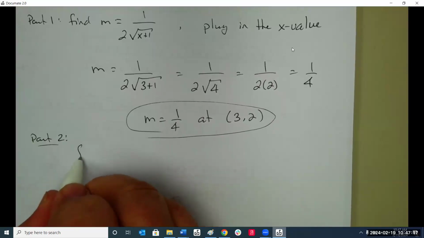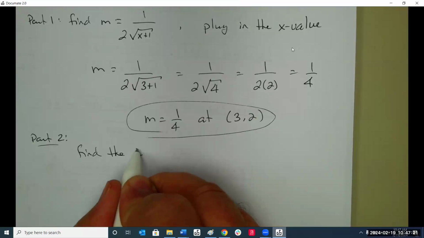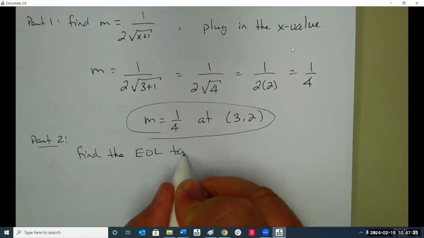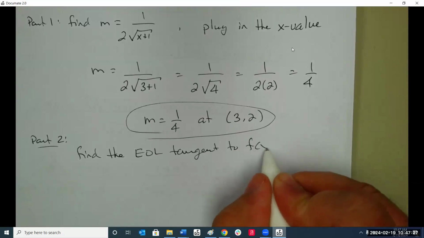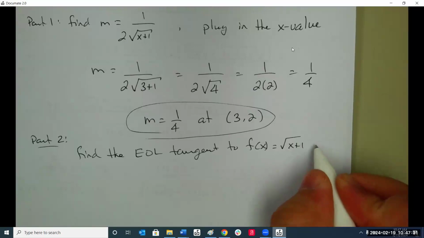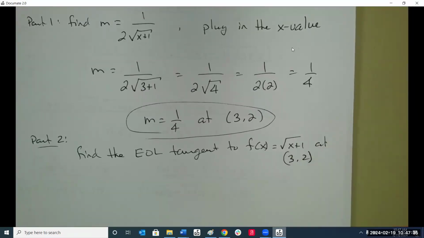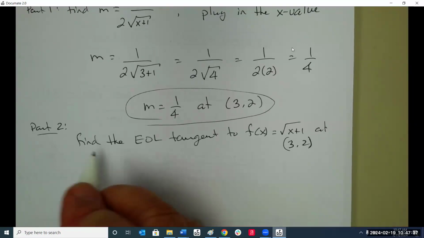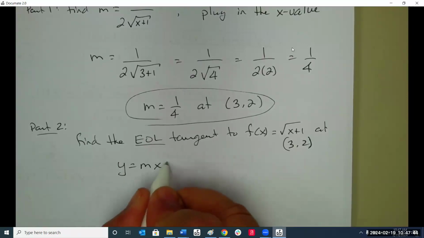Part 2, find the equation of the line tangent to the curve at 3, 2. This is the equation of the line. So we want this.